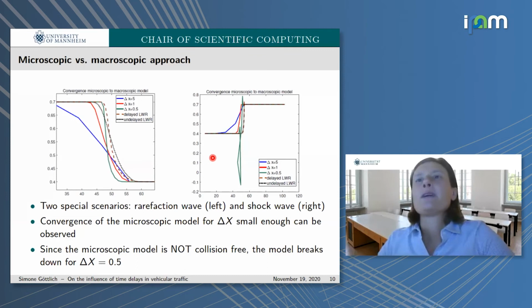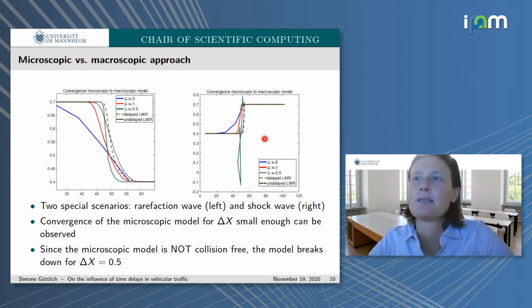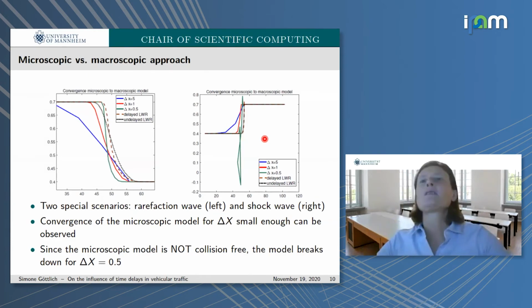In the other picture, you observe a completely different behavior. What you see here, in the case of a shock, is that if the inter-vehicle spacing is set to 0.5, oscillations occur in the density. And why? This is due to the model. This is not a numerical issue.